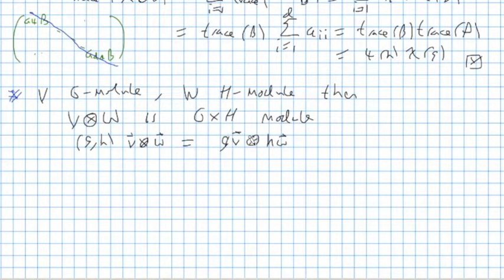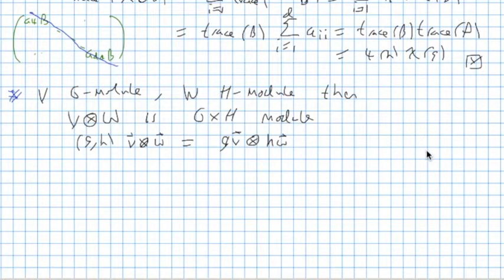Okay, and if we chose a basis for V and a basis for W, we would get corresponding matrix representations X and Y, and the corresponding matrix representation of the action of this G cross H module would be exactly the tensor product of X and Y, like we defined before. Okay, so this is exactly the module counterpart of this.